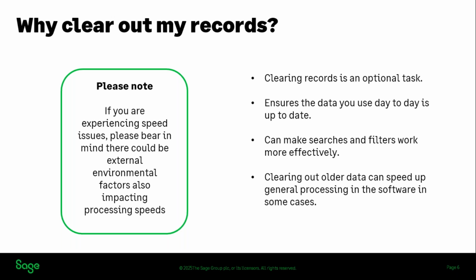I'd hate to say clear out your data, it will solve all of your problems, because there could be something else impacting that. Quite often, things like environmental issues, your antivirus software, your network speed, internet speeds, etc. All of those can impact the processing speed in Sage as well. So please do bear that in mind.